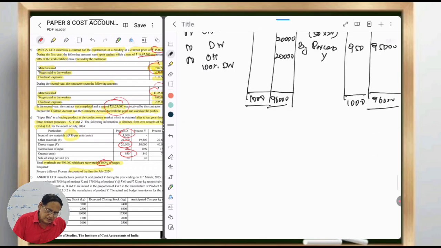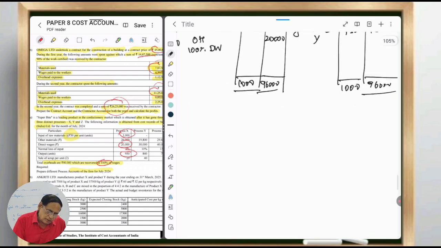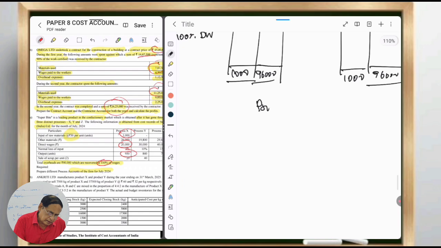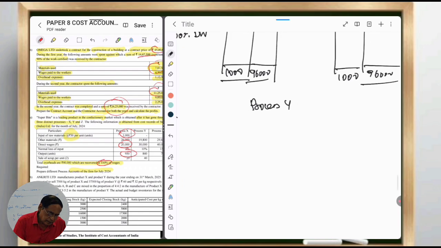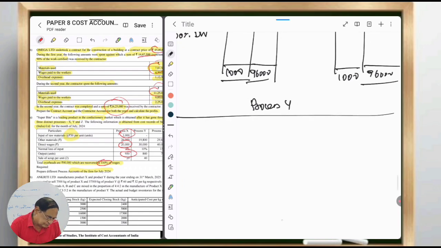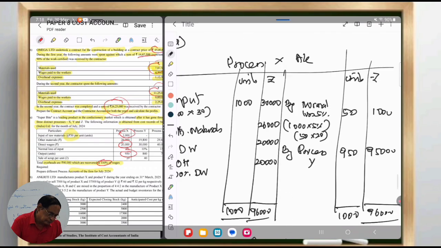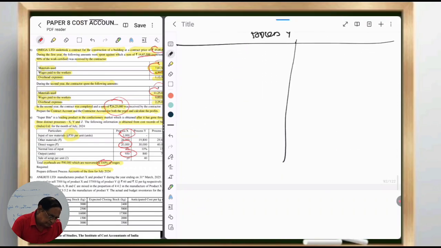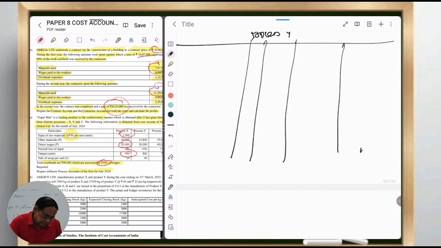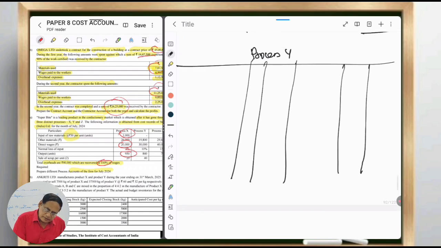Let's prepare the process Y account. So from process X it is transferred, so to process X, how much transfer? 950 units.